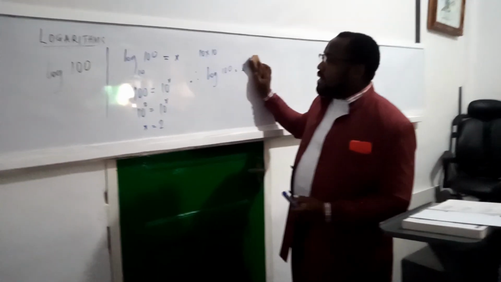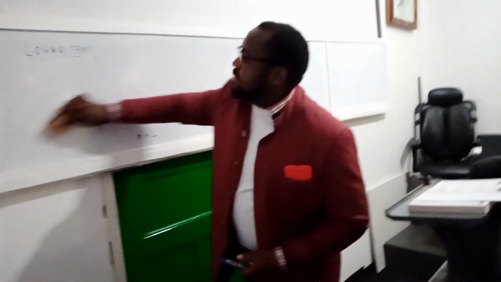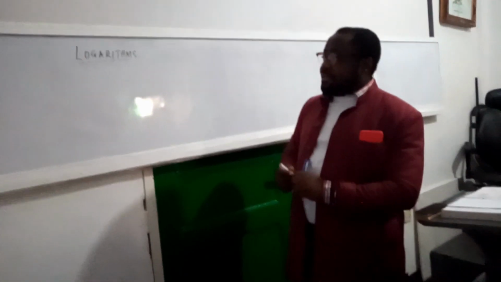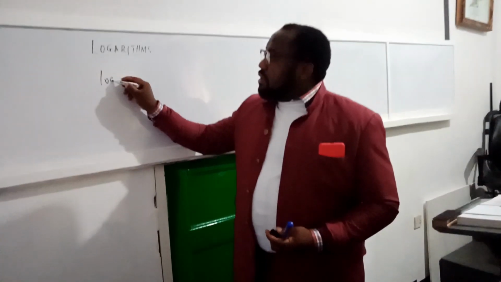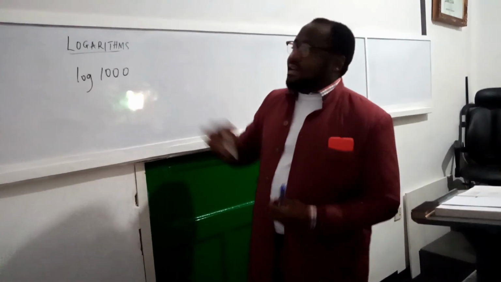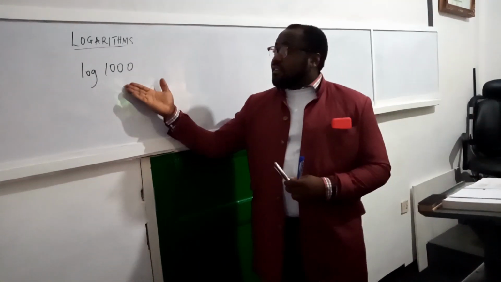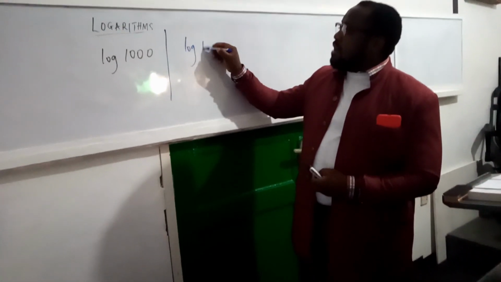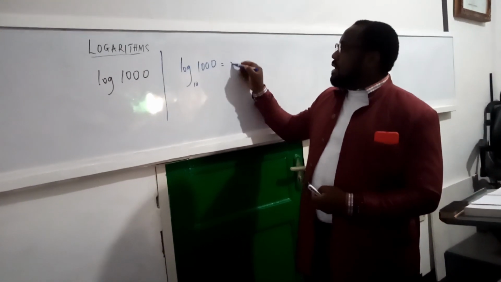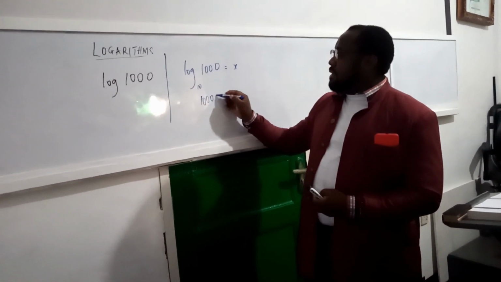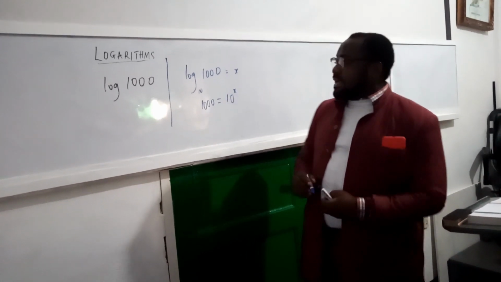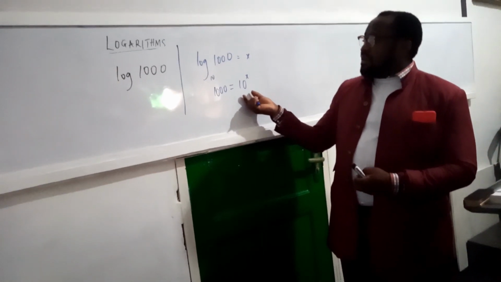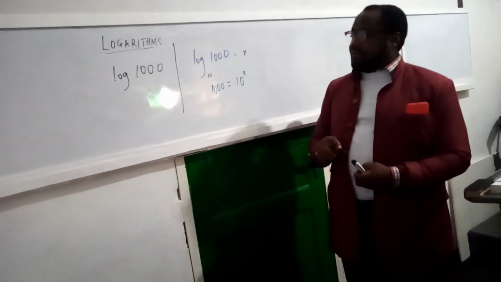Let's do a follow-up. Watch this. And this will also establish another principle in logarithms. Okay. What if you are given the log of 1,000? The value of log 1,000 can be written as log 1,000 base 10 equal to x, and this is 1,000 equal to 10 to the power x. 10 raised to the power what will give us 1,000?